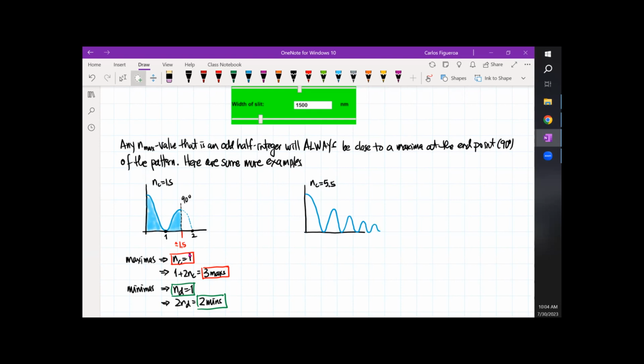Let's count here. I think I made a mistake here. So this will be 1, 2, 3, 4. That's 5. So now look what happens here. So now I'm going to have a little tiny one. And then this guy right here is 6. So that means at this point right here, this is at 90 degrees.